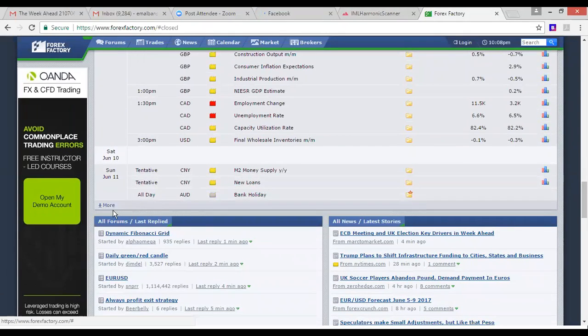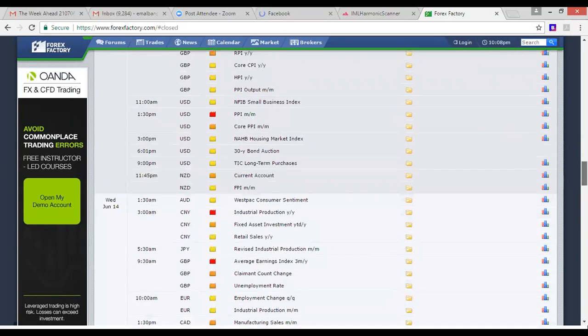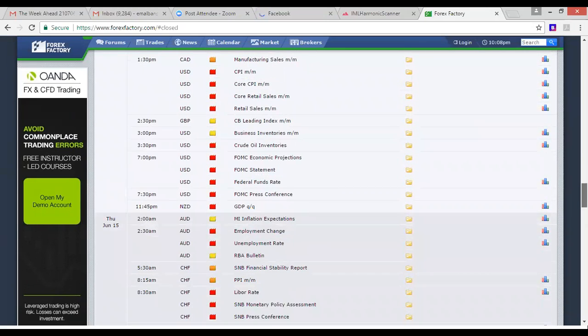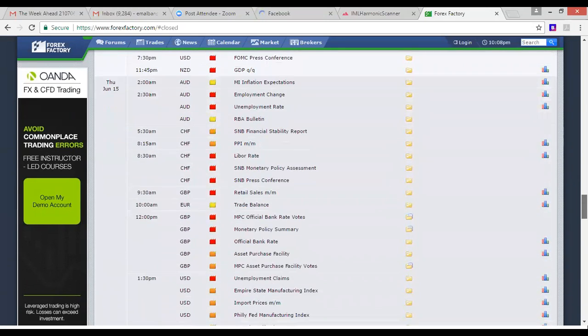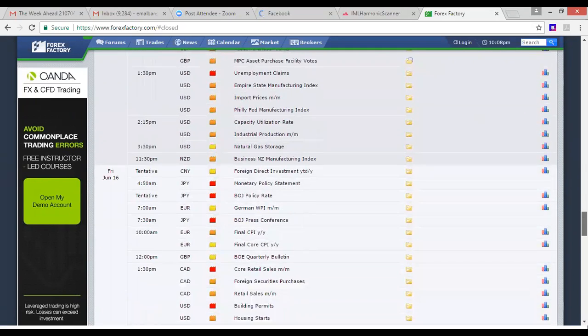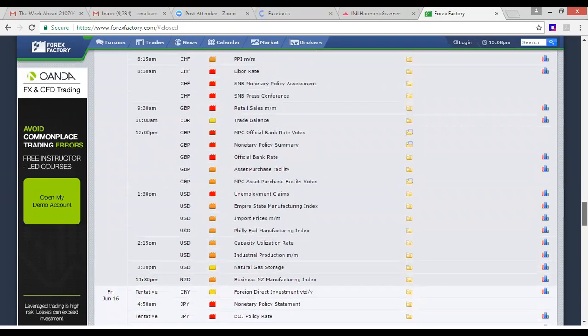After that should be the FOMC. Let's check what date. What date is FOMC? This is the beginning of the FOMC. Is it the 15th? 15, 16. When is FOMC, please? Who can see it?